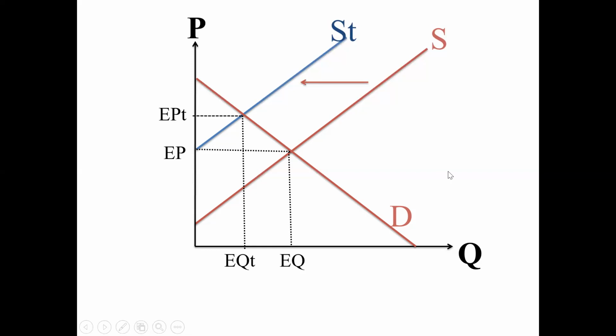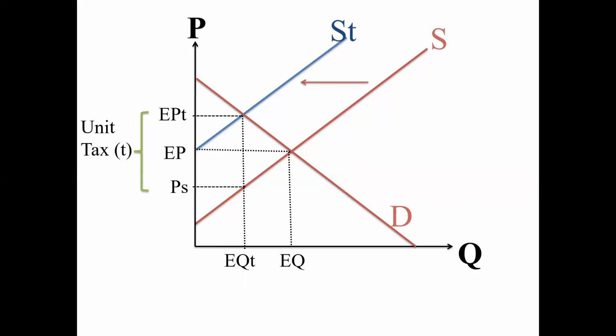Then mark this price called price received by seller. And show that this gap is the tax, unit tax.